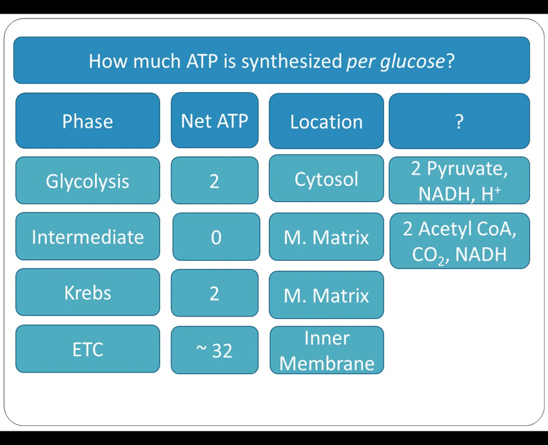After the intermediate step produces acetyl-CoA that can drive the Krebs cycle, which produces for us ATP, and most importantly FADH2 and lots of NADH, and also releases carbon dioxide.